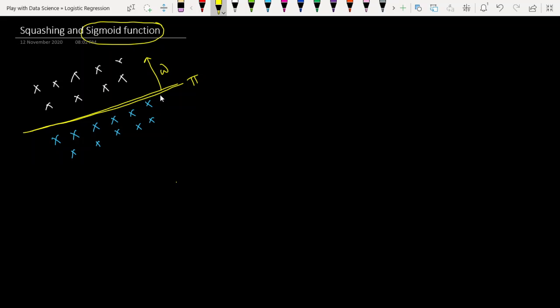As we see, there are many kinds of planes, but at the end of the day we have to find the best plane that separates our different types of data points perfectly.